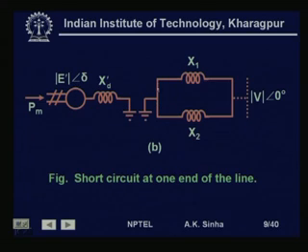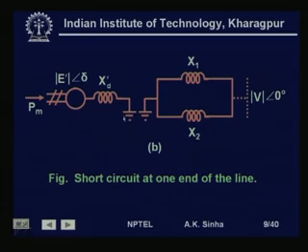This is what is shown. So, the voltage at this bus is shown as 0, it is grounded, and therefore, there will be no power transfer which can take place under such a situation. And that means during the fault period, the electrical power output of the machine will be 0.